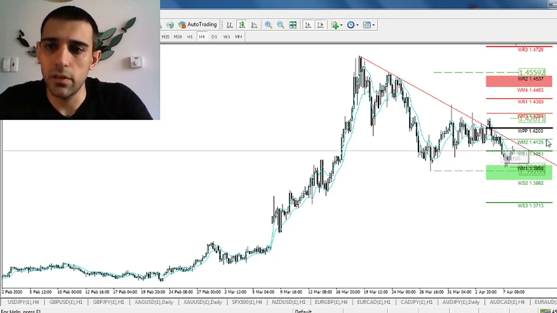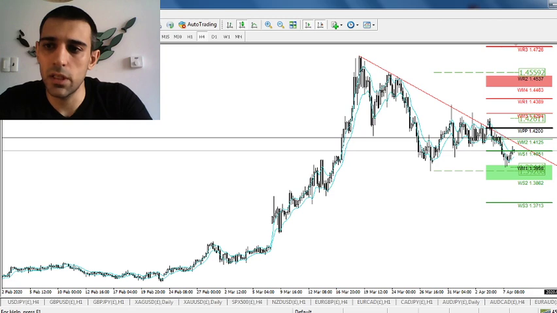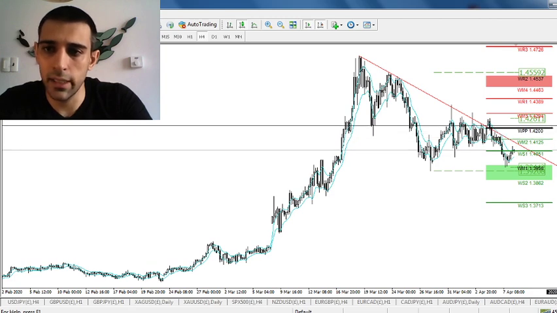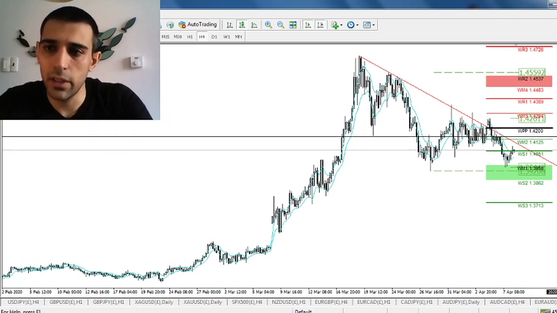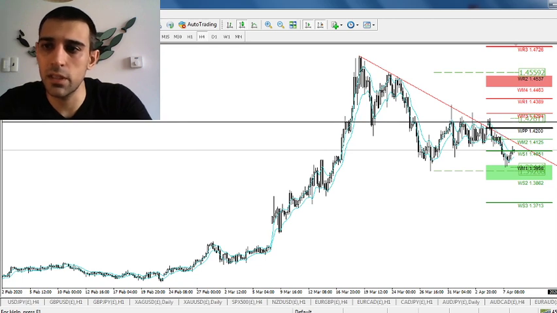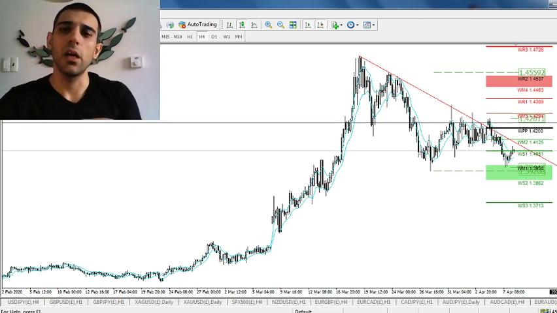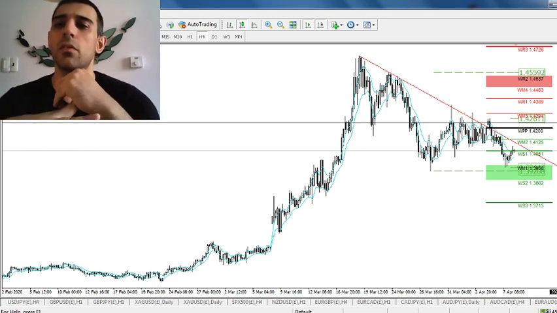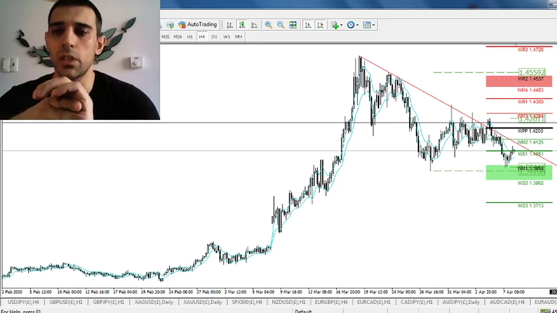We'll be looking at a 30 to 35 pip stop loss, and for the targets, so we've got entry at 41.35 if it does allow us, and the target would be up to these highs here, which is at 42.35. So we'll be looking at 100 pips profit with the 30 to 35 pip stop loss.